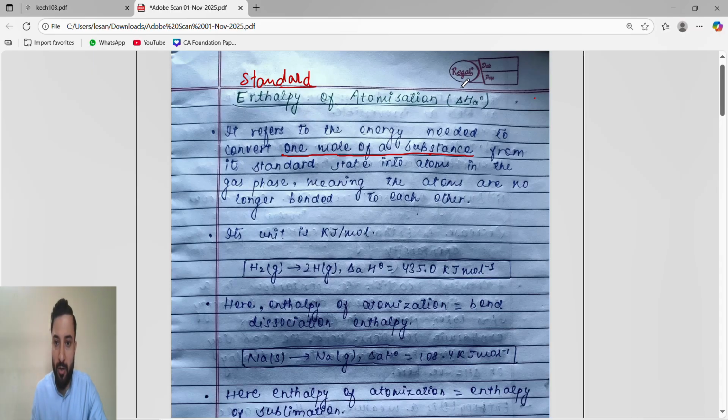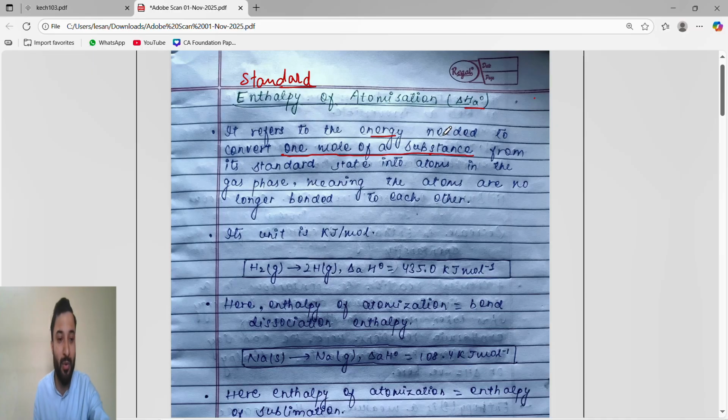Now enthalpy of atomization, it is denoted like this. Guys, very important and very easy also. It refers to the energy needed to convert 1 mole of substance. Why am I saying 1 mole? Because we are talking about standard.